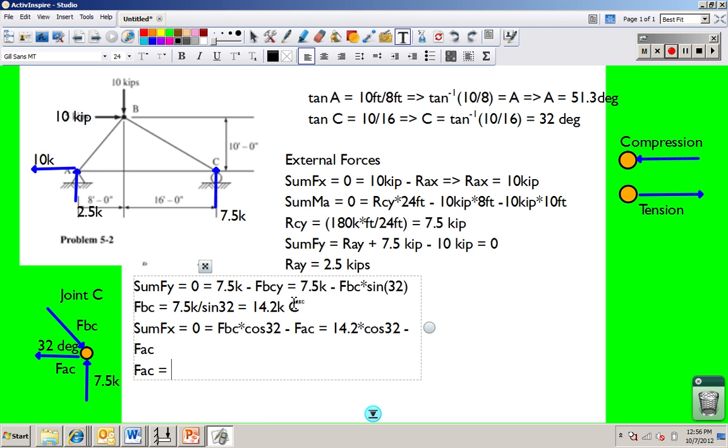Let me double check my math here. You get 12.0 kips. Oh, that's right. And the way we drew that is away from the joint, so that's tension. We put a capital T.